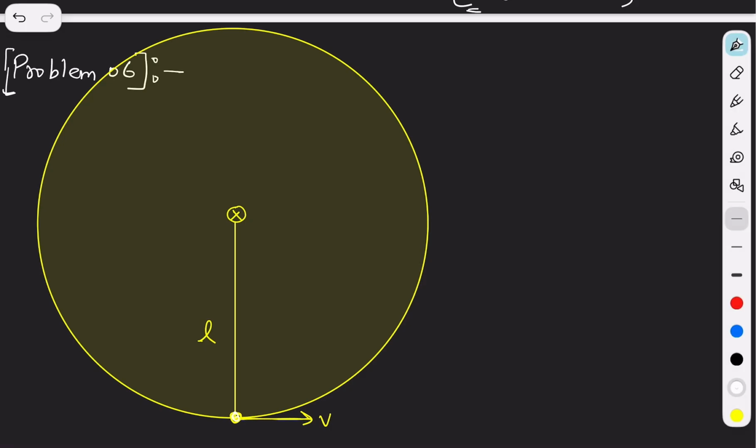The particle will go like this, and suppose at this point the tension slacks, T equal to 0, and it goes like this and hits the peg this way. In this case, the velocity here, let's say, is u.